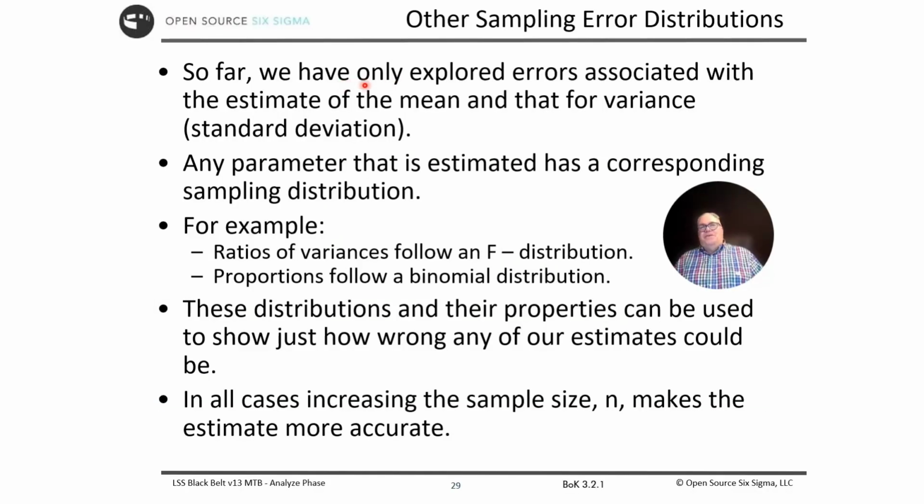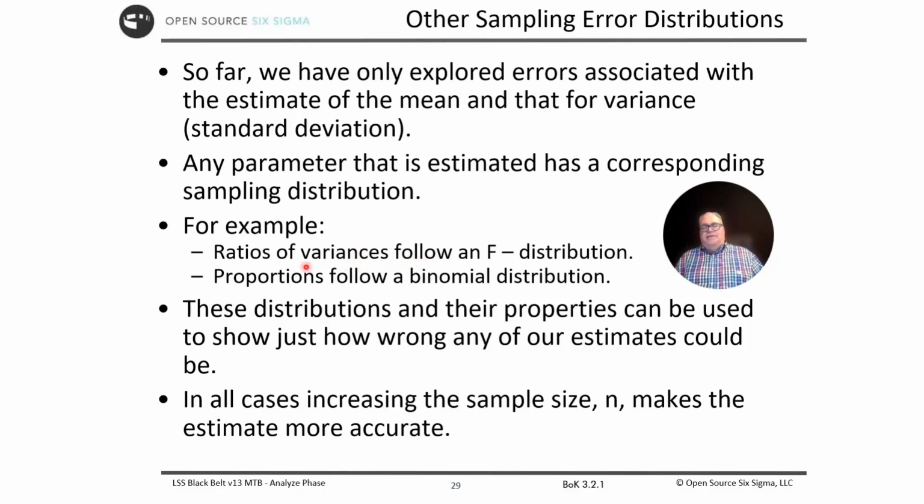At this point, we've explored sampling error associated with estimating the mean and estimating the variance or standard deviation. But any parameter that we might estimate from data has a corresponding sampling distribution, and a couple of the others that we will use, based on some of the hypothesis tests that we are going to conduct, would be similar to the chi-square.